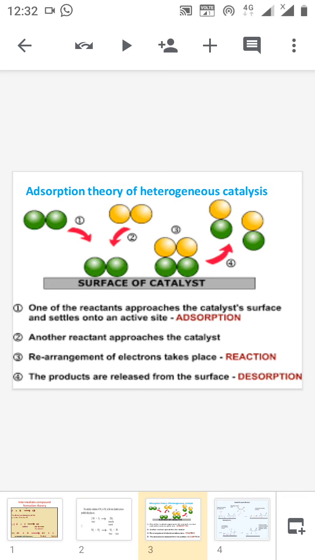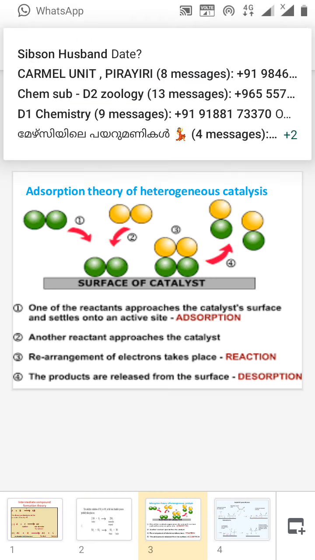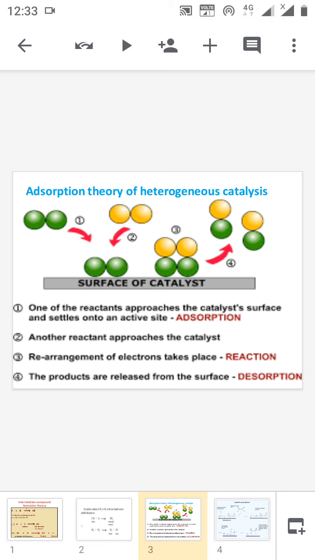In the figure, the green balls are the reactant, which diffuses towards the surface of the catalyst, and first it forms a physisorption on the active site of the catalytic surface. Similarly the next reactant, the yellow balls, again moves towards the surface of the catalyst.